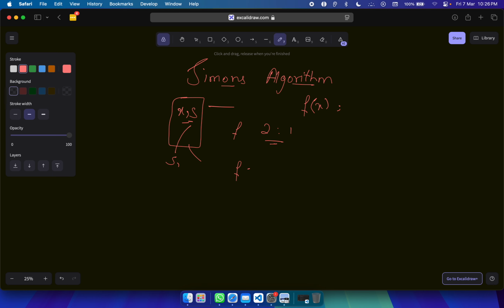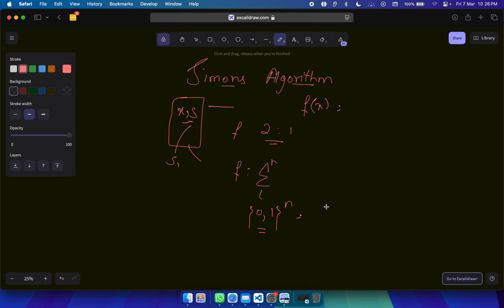So a function that is 2 to 1. So it is a function that maps a set of n qubits. So this set can be expanded as this. So each qubit contains an equal superposition of 0 and 1, or just a set of elements 0 and 1. And when you have n of these, that means that you have n qubits tensored with each other, right?